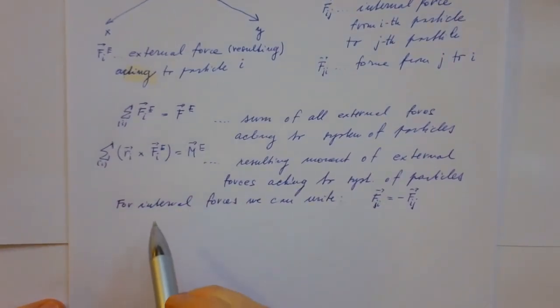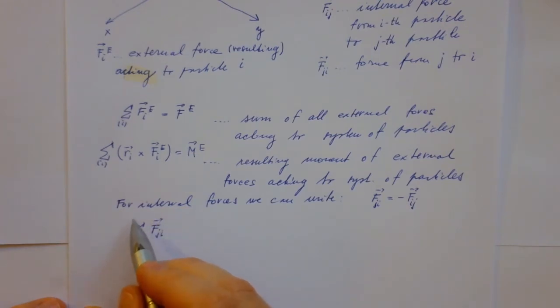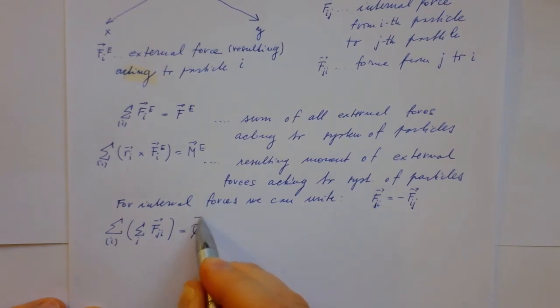So we can write that the sum of all forces Fji over j and over i is equal to 0.